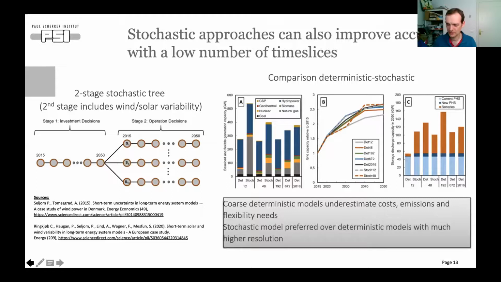There's a question from Etsushi. How does the selected time slice accommodate the dark doldrums? I'm not sure exactly what the dark doldrums are. Maybe Etsushi, you would like to unmute yourself and explain what you mean exactly by that, if you can.